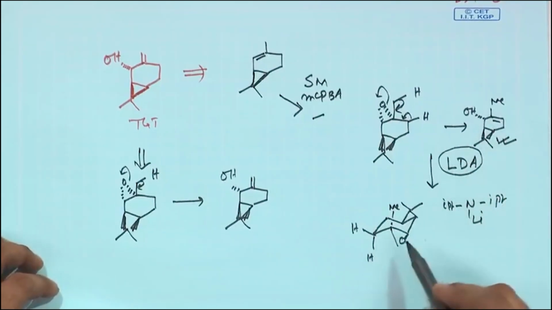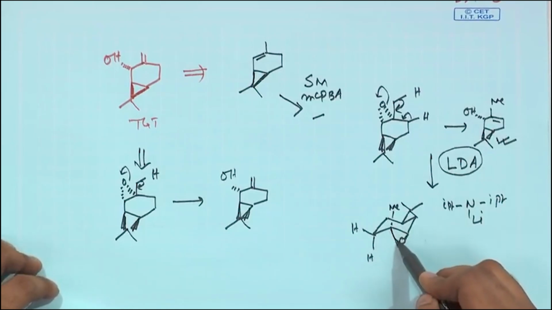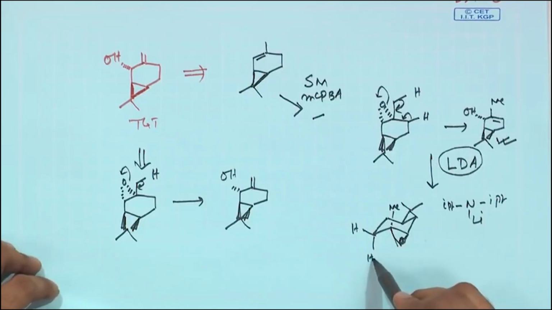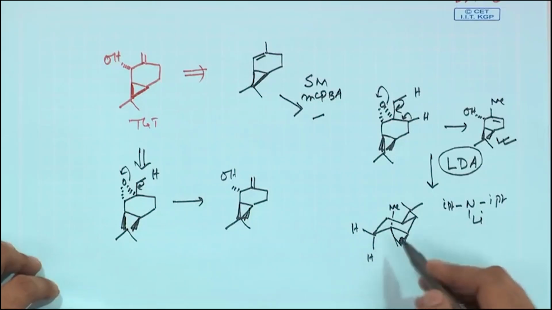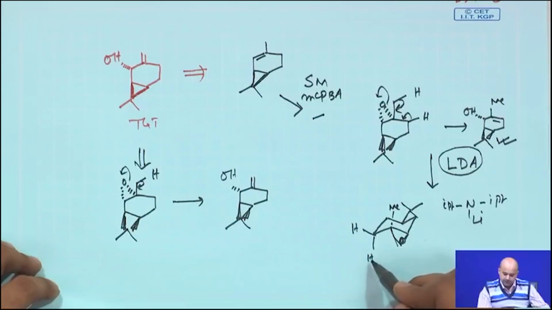And in my opinion, if you see the particular stereochemistry here, the hydrogen which is close to the epoxy oxygen, it is always possible that LDA might pick up this hydrogen and do this kind of thing.